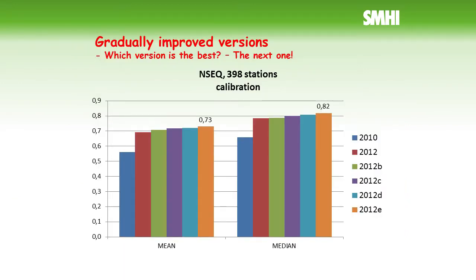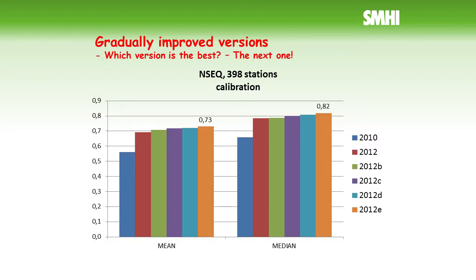Also, as I said, we wanted to have something useful to start with, and this is an overview of the evolution of the Swedish setup. You will not work with the Swedish setup, but I am personally almost only working with the Swedish setup, so that's what I show here. This is the NSE, or sometimes earlier we used to call it the R2, the Nash-Sutcliffe efficiency.